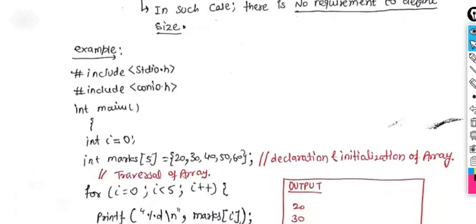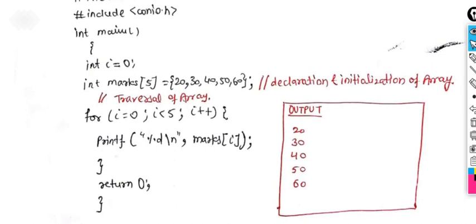Next, there is one more example to get better clarity regarding how to declare and initialize the array elements one after another. We are not taking separately how to declare an array and how to initialize an array. We are doing both things simultaneously.